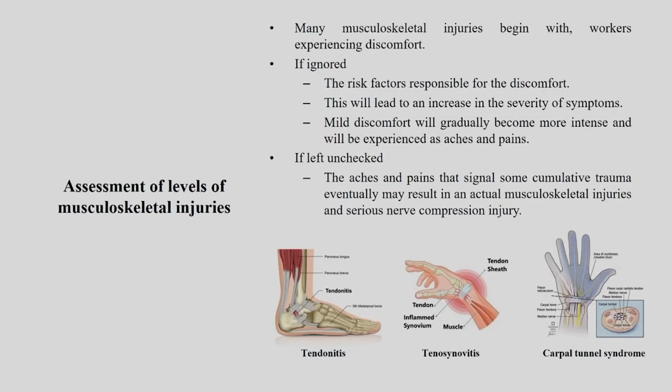You may know that tendinitis, tenosynovitis, carpal tunnel syndrome are varieties of musculoskeletal disorders that can happen if you, as an ergonomist, are not in a position to identify them in the initial stage of your evaluation.